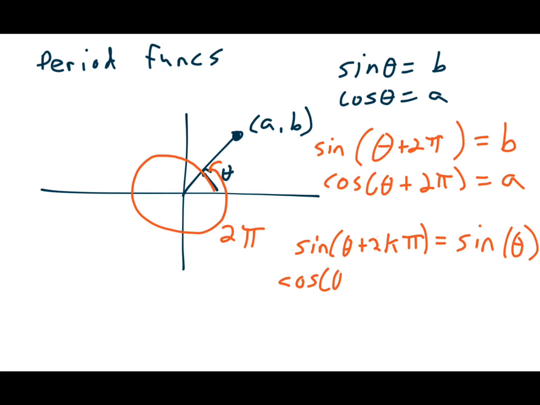Cosine of theta plus 2k pi is equal to cosine of theta. Every time it rotates around the circle and gets in the same position, you're going to get the same thing.